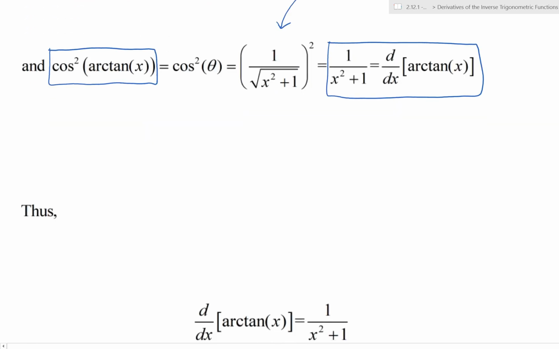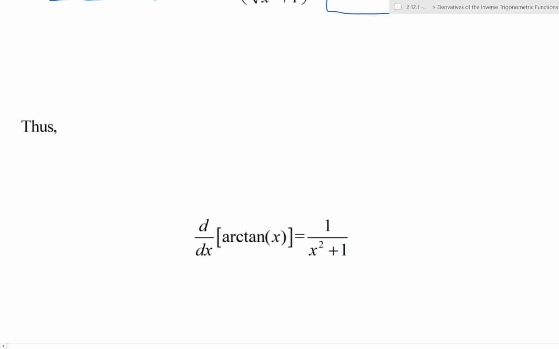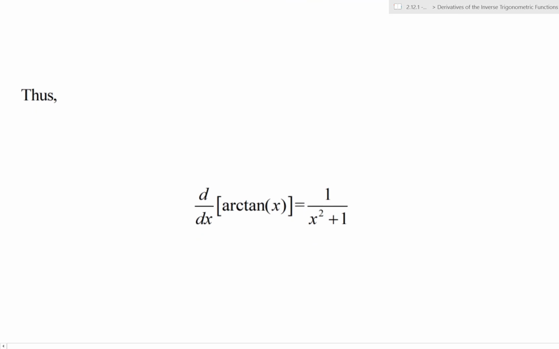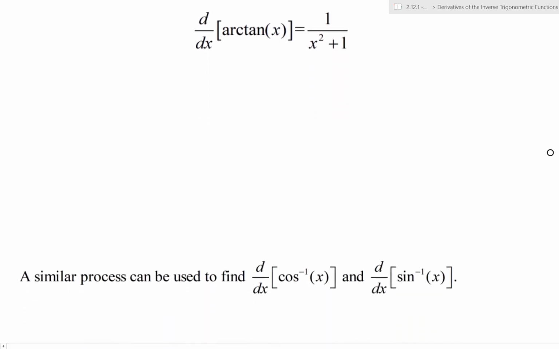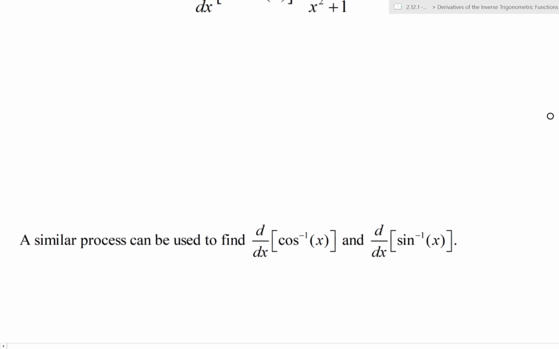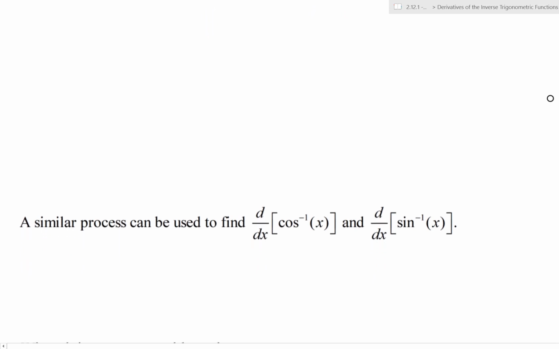So add it to the list. Here's our result that we just came up with. And you can imagine if we wanted to do something similar to find the derivatives of the arccosine function and the arcsine function, otherwise known as the inverse sine and cosine functions, of course.